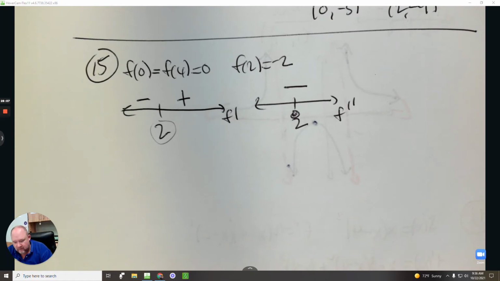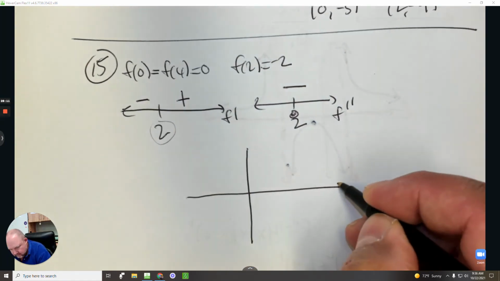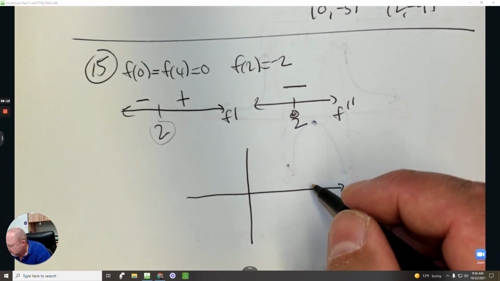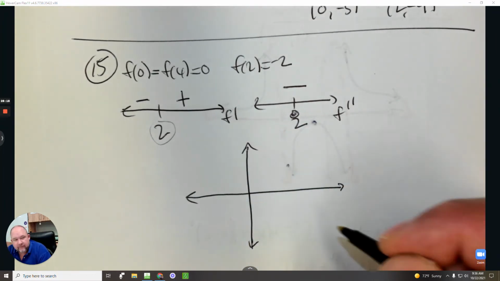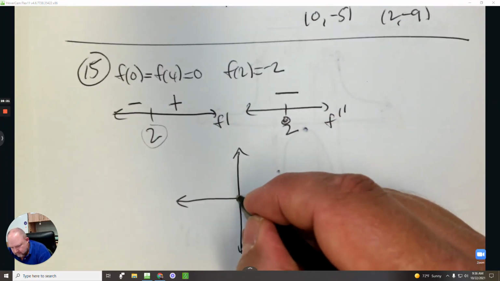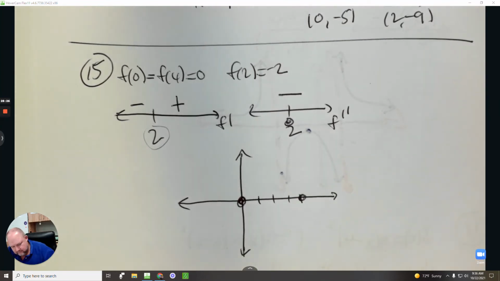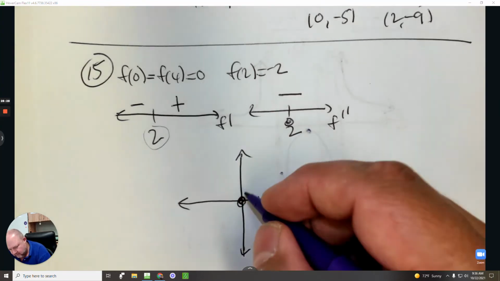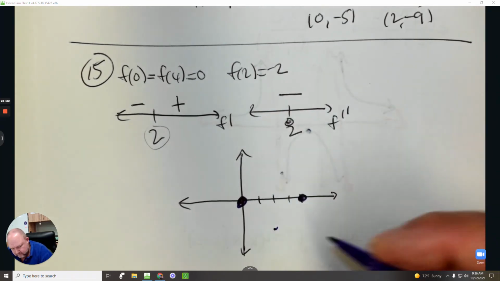How can I draw a graph of this? So start with the points that you're given. So 0, 0, 4, 0, and 2 and negative 2.